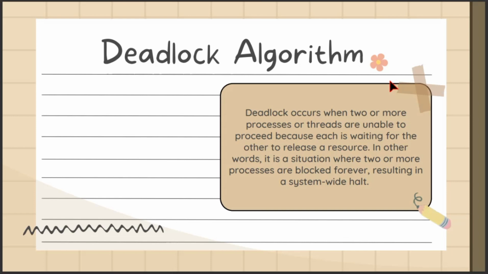Then process A tries to acquire resource 2, but it cannot because it is held by process B. The same goes for process B: it tries to acquire resource 1, but it cannot because it is held by process A.